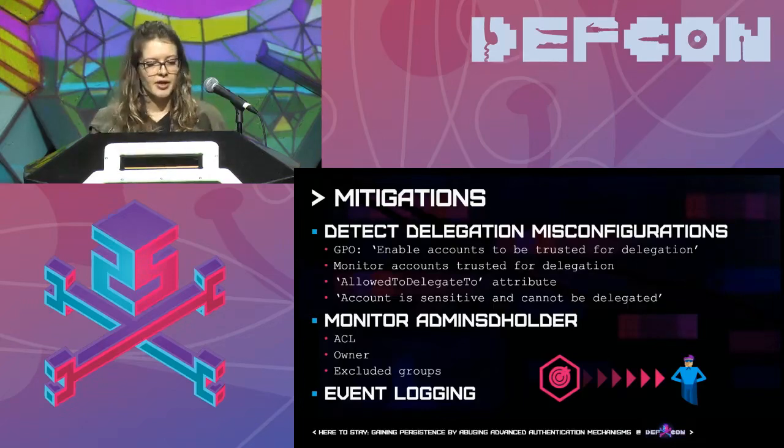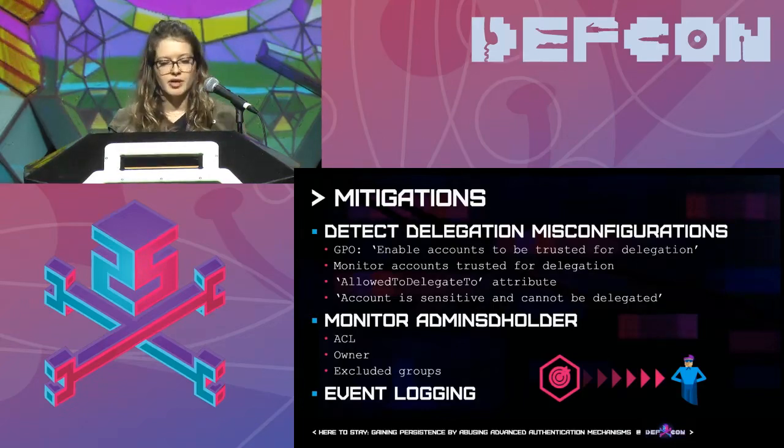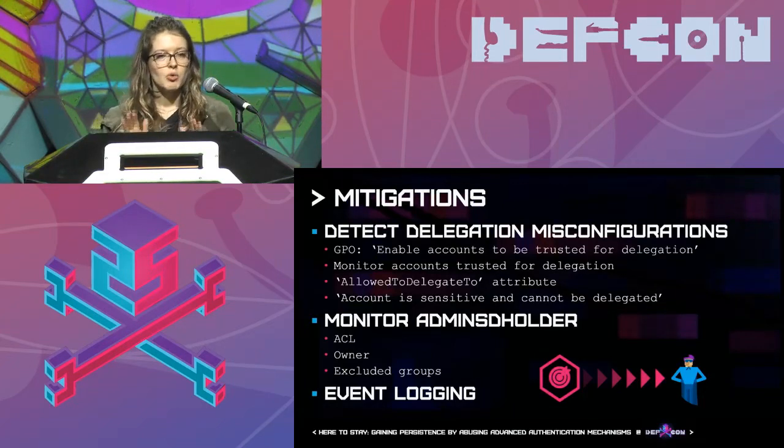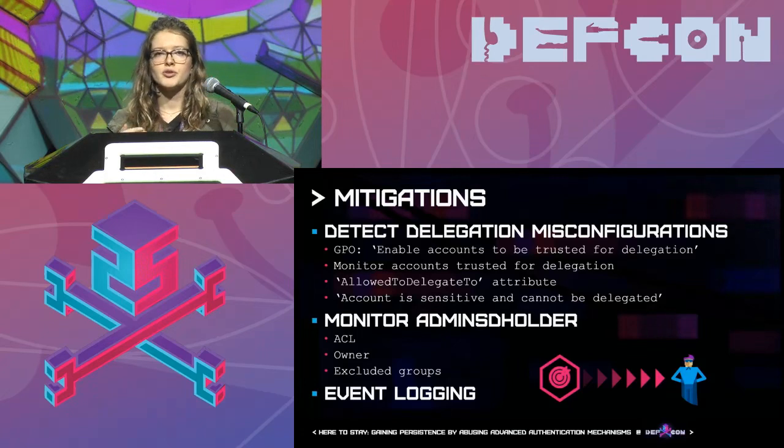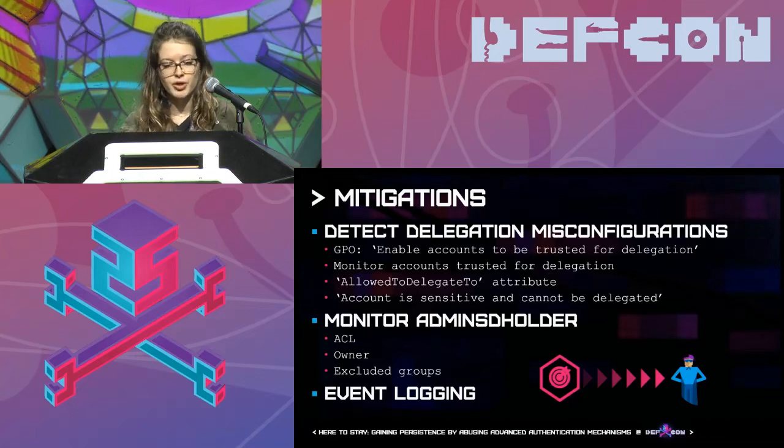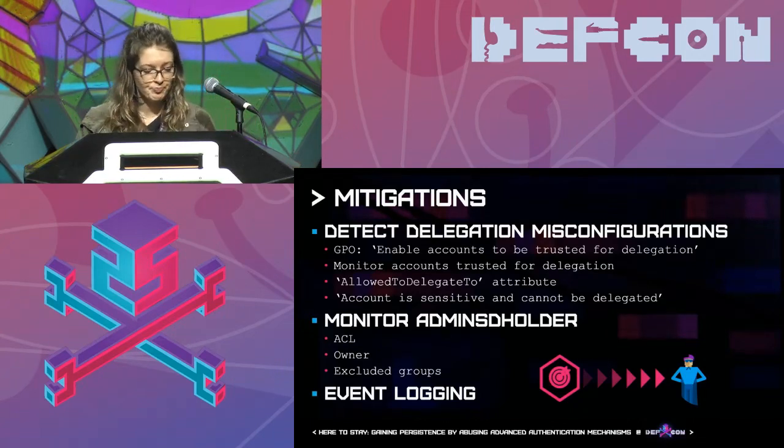Another important thing is that on every Active Directory object, there is a checkbox stating that this account is sensitive and cannot be delegated. What it means is that even if a service is allowed to perform delegation and request service tickets on behalf of other users, it will not be able to request service tickets on behalf of those sensitive users. So we recommend to turn this on for any high privileged users in the environment in order to not allow services to use those accounts' privileges.